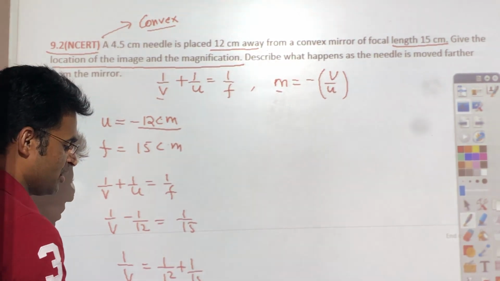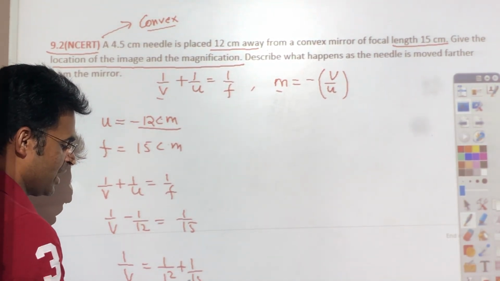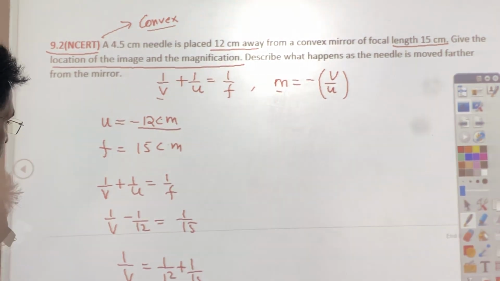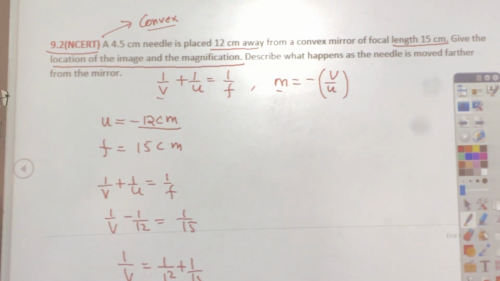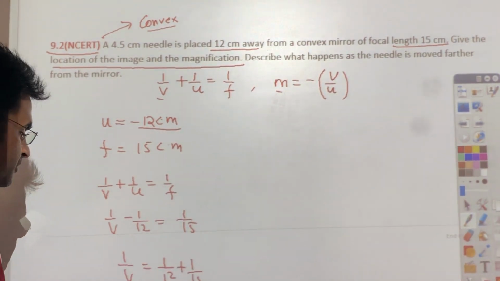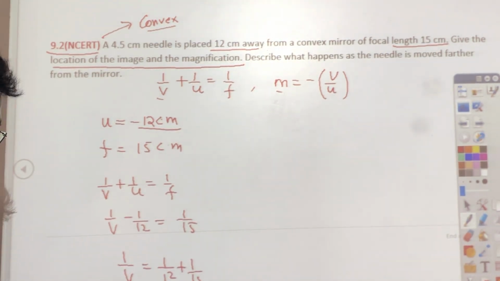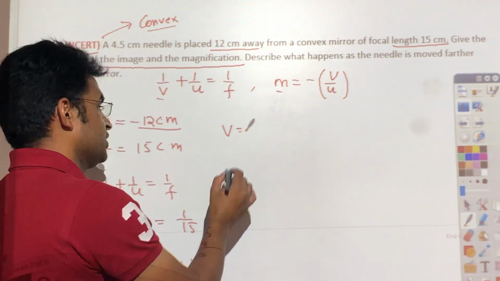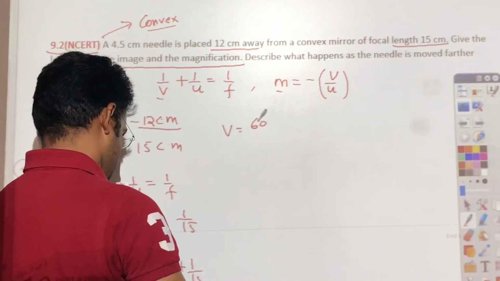The LCM of this will be 60, so this becomes 5 and this becomes 4. Focal length is positive and u is negative. So 1 by v is 9 by 60, and v is 60 divided by 9.